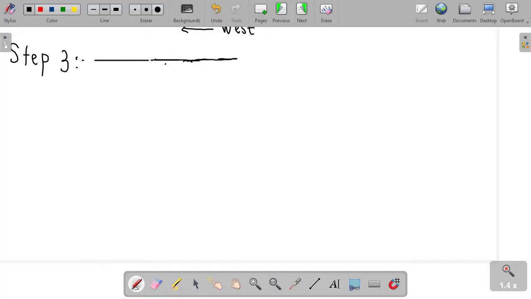We have an arrowhead here and another arrowhead here. This is F1 and this is F2, which is 4.5 cm, and this is 3 cm.